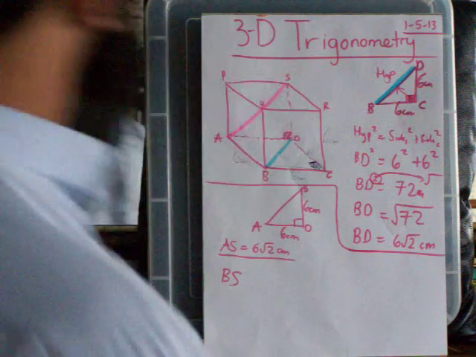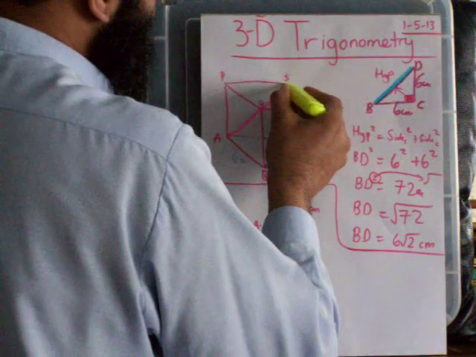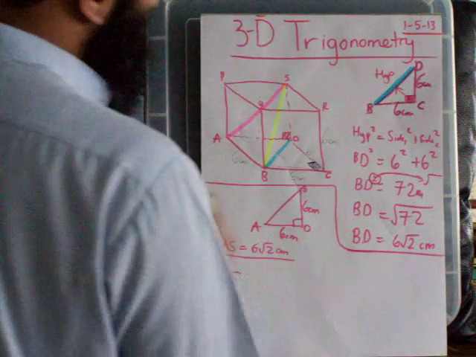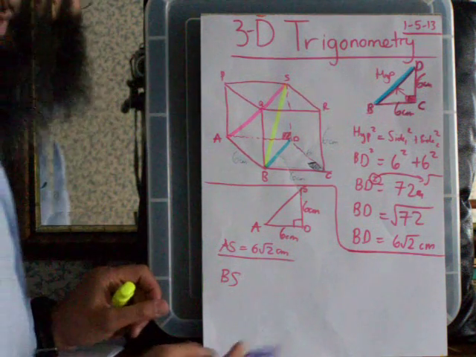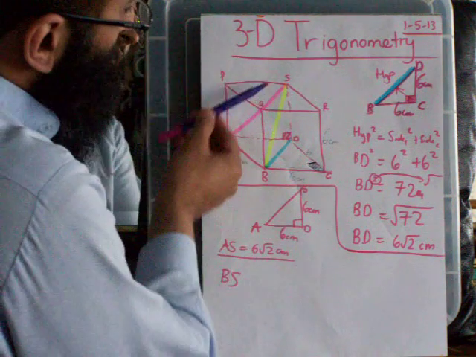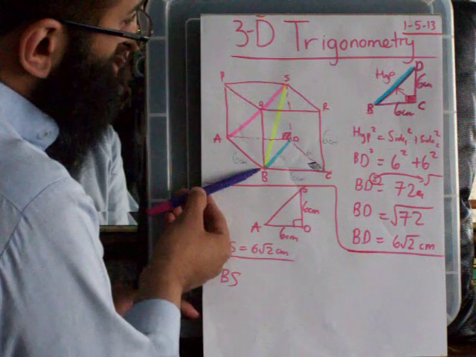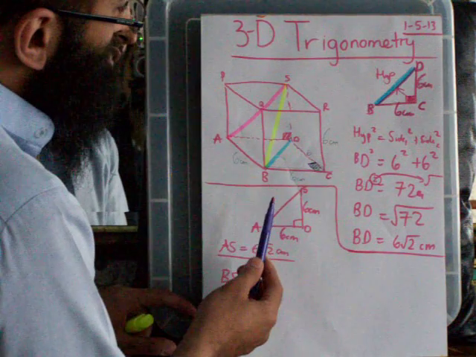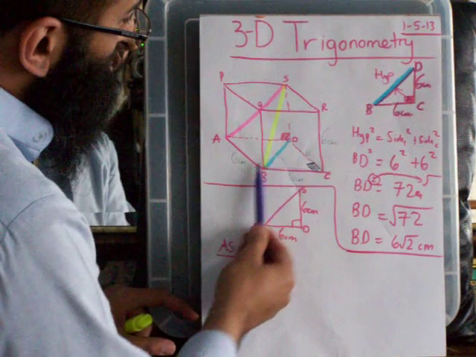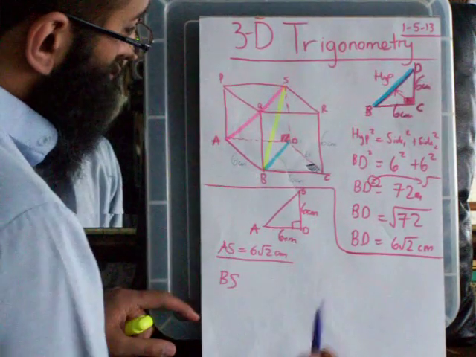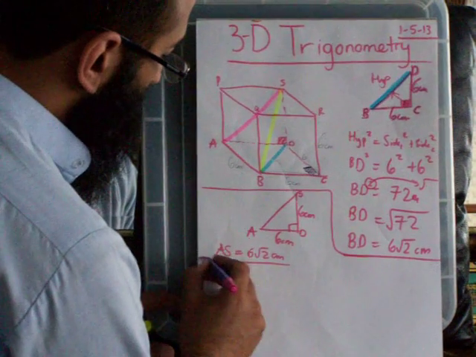Now BS is across here. If you look at the diagram, BS runs from one corner to the bottom corner, and again we have a situation where we have a height of 6 and then a diagonal here. So let's redraw that diagram now.